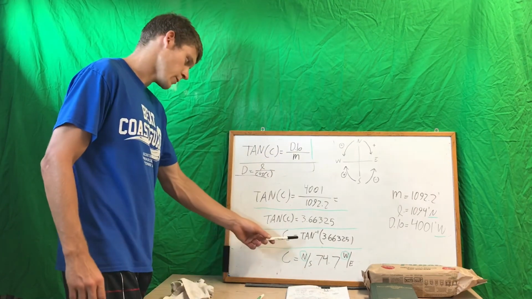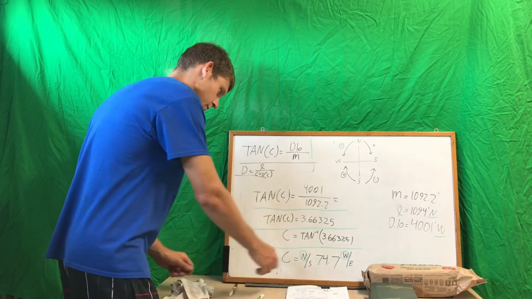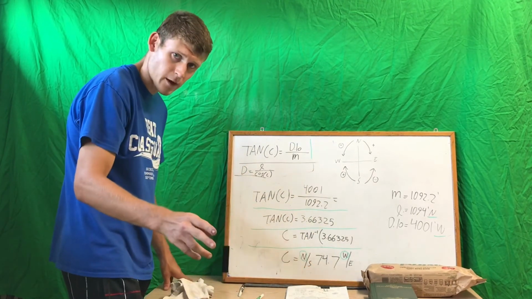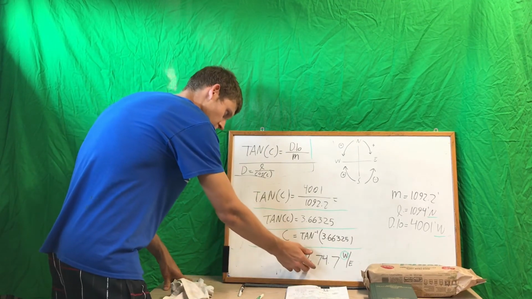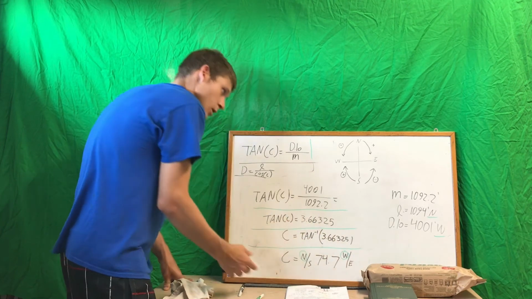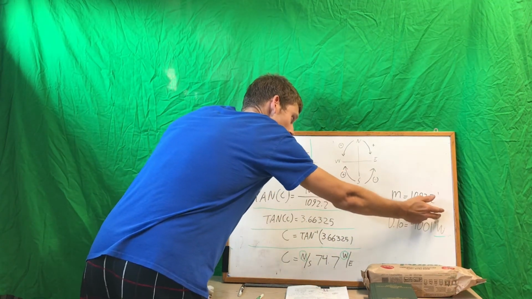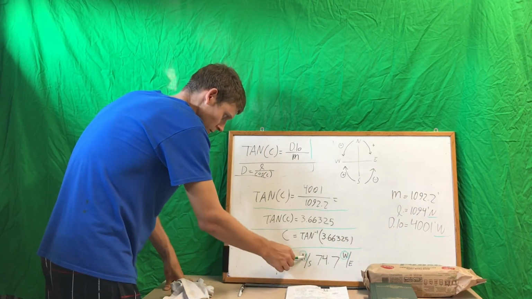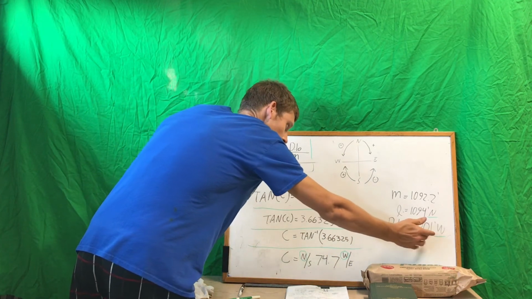Now that we found the inverse of our tangent, and we found that true course is 74.7 degrees, we have to account for what kind of sailings we were doing. North, south, west, east. Well, we know we were going up, so that's why we put that north on our latitude. So you circle north, and we knew we were going from east to west.